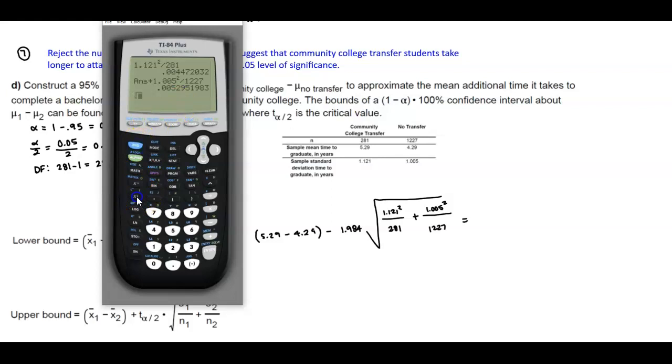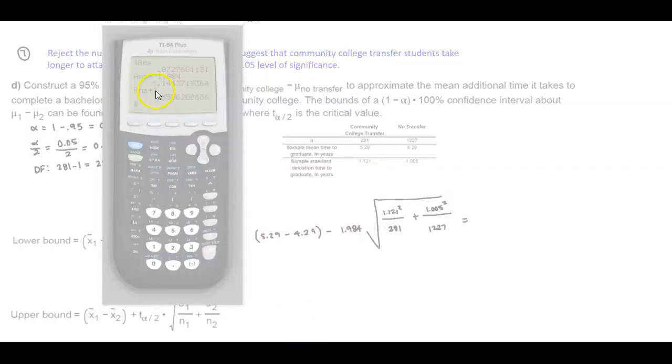So second square root of second answer, hit enter, and now we're going to multiply that by negative 1.984. And then we're going to add, well, 5.29 minus 4.29 is 1. And so therefore, there is our result.